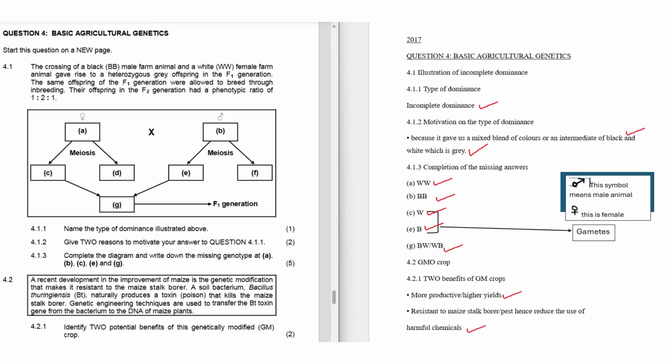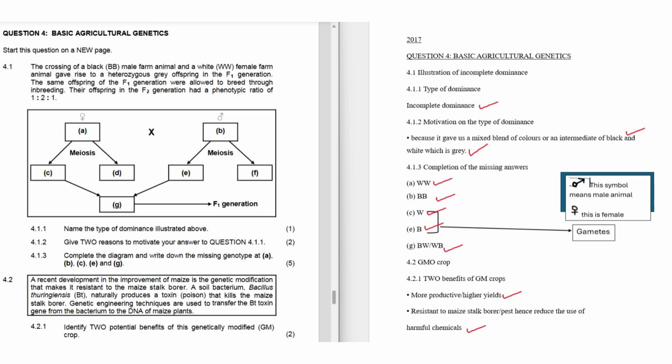Now, because we know what these terms mean, we'll go back to the scenario. The crossing of a black homozygous dominant male. So this BB means homozygous dominant because that's 2 capital letter B's.